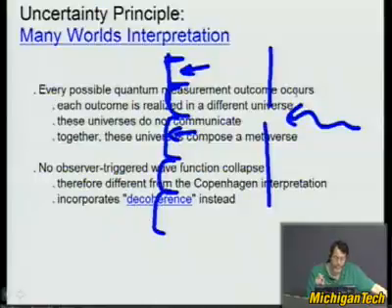But each of these universes, every time a quantum decision is made, a universe is created. And those universes together create a metaverse. So there is no wave function collapse. It's just here. It was here. It wasn't. It had a probability before, so the mathematical formalism is the same. But then a universe sprung off when this quantum decision was made.